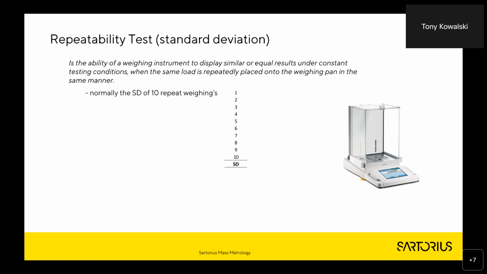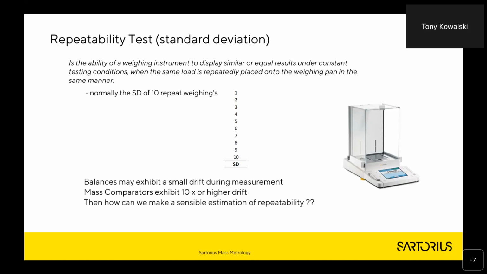If we did that on a mass comparator, because there's more readability and more drift, then we probably wouldn't reach the standard deviation quoted by the manufacturer, because balances might have a small drift during measurement, but mass comparators will have a bigger drift. Could be 10 times higher, because it will have at least 10 times the readability.